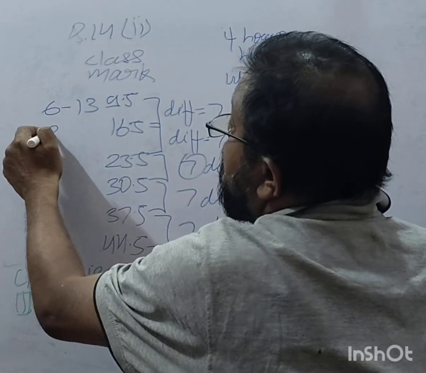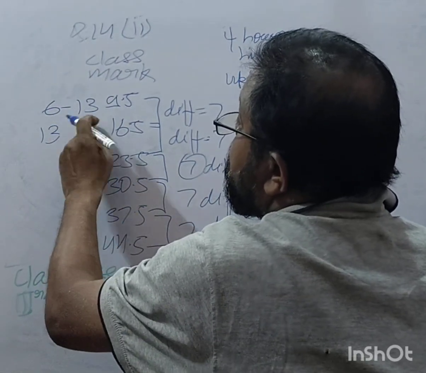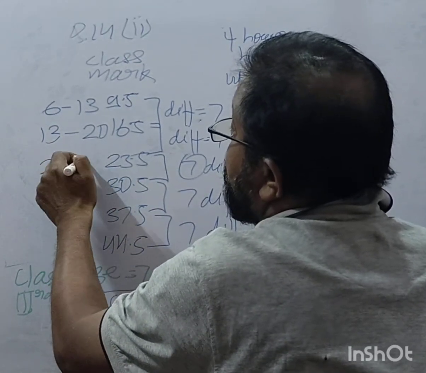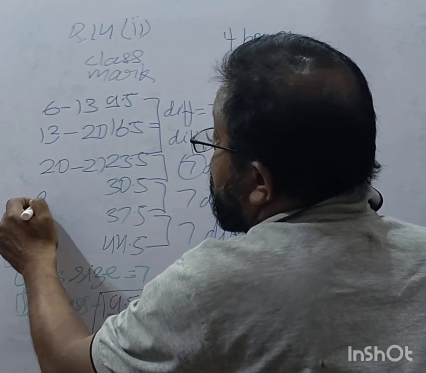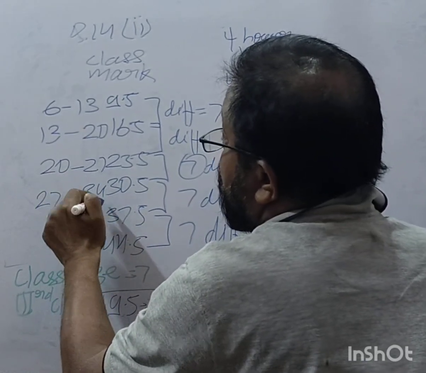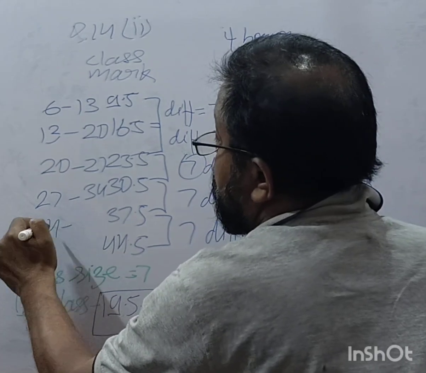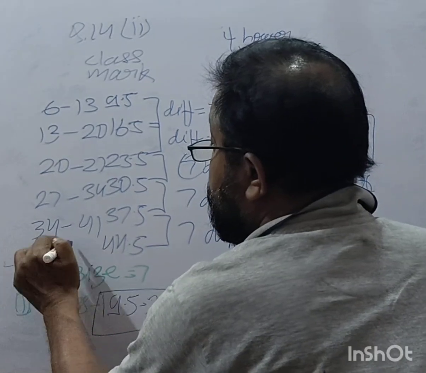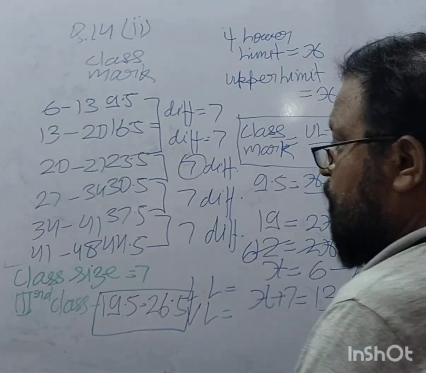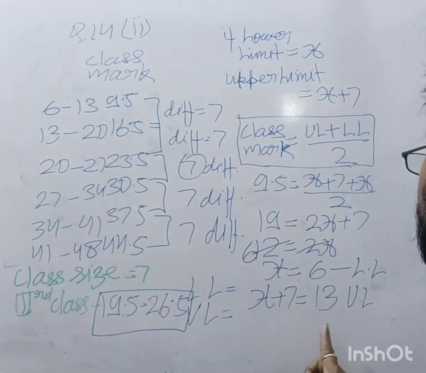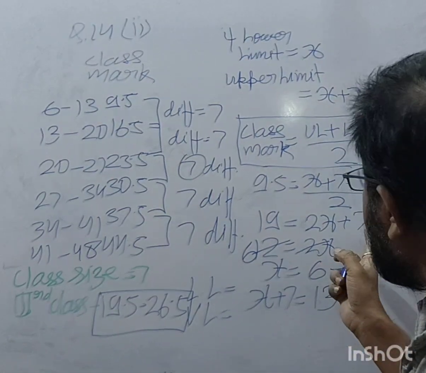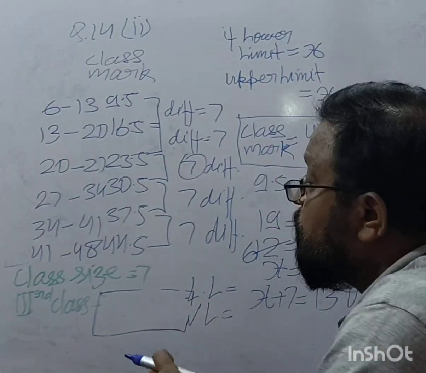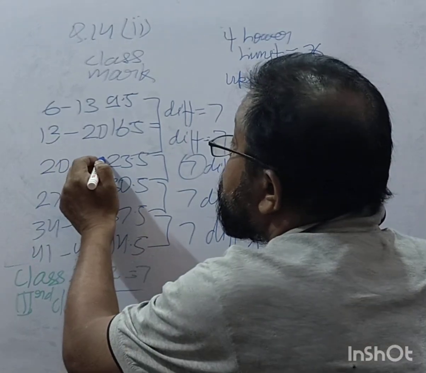So here it is 13 plus 7, that is 20. Now 20 plus 7 is 27. 27 plus 7 is 34, then 41. There is a difference of 7.